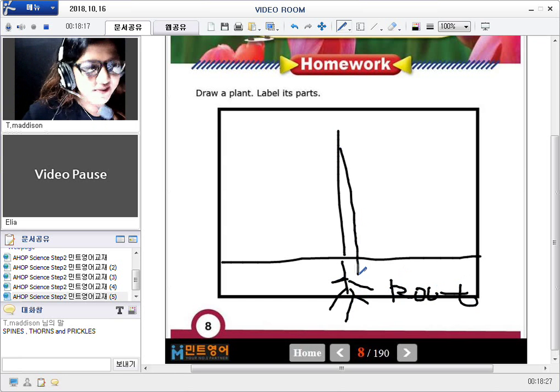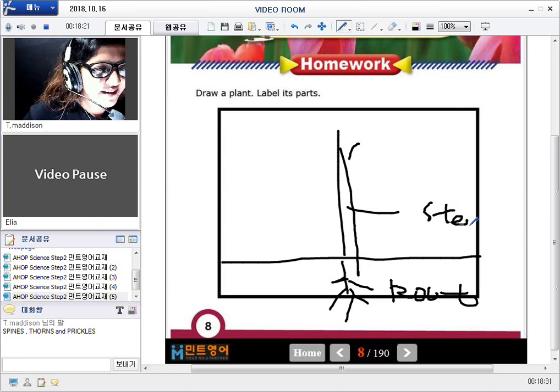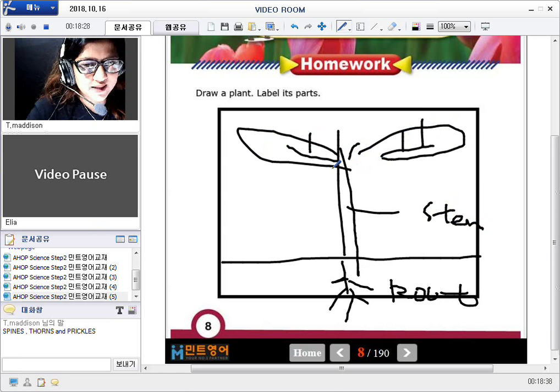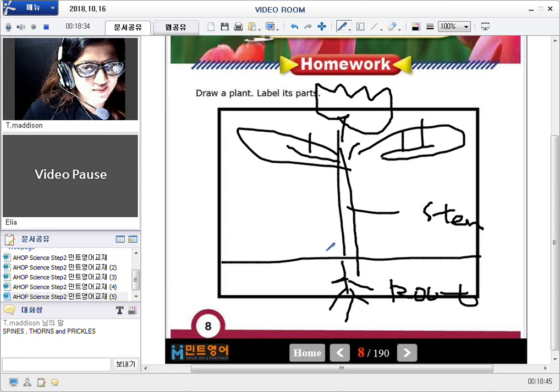There are roots and stem. Very good. And leaves. And flower. Very good.